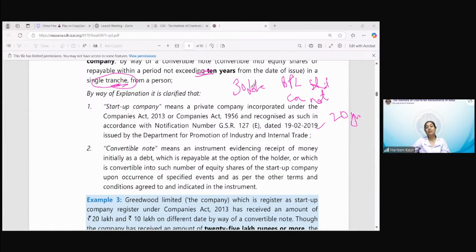If I have received these 30 lakhs for a period not exceeding 10 years, but I have received 25 lakhs and then 10 lakhs, then will it be considered as deposits? Then 25 lakhs is within the limits. All the limits are being satisfied. For the 10 lakhs, it will not be deposit. Okay? Clear everyone?